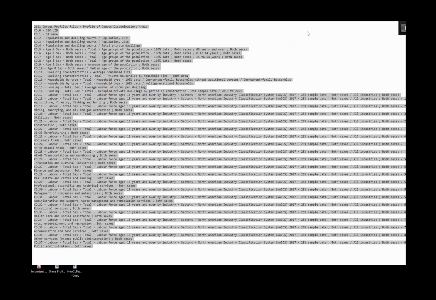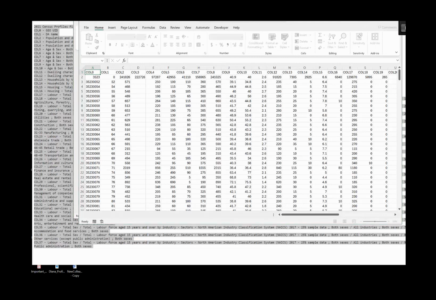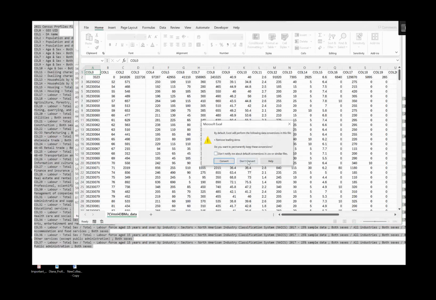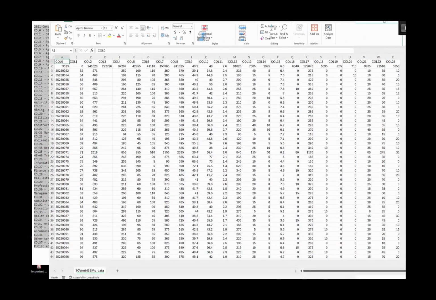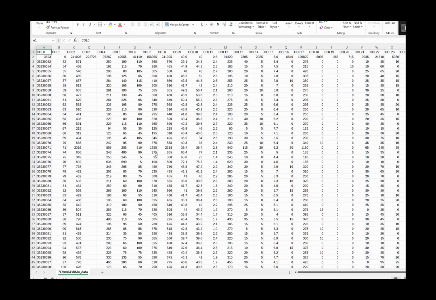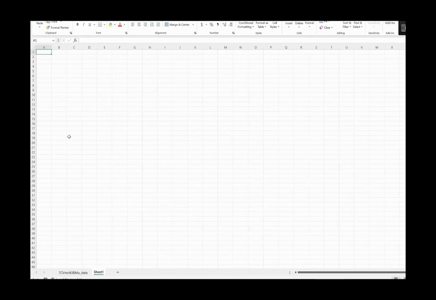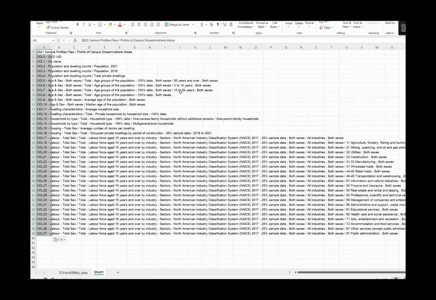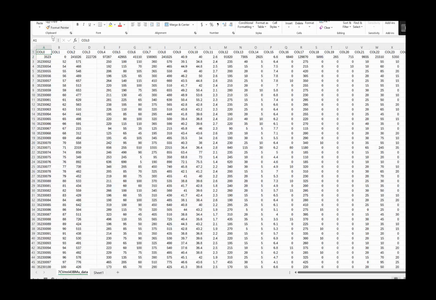So again, you can take a look at it. So this is the data file that I have downloaded. Let me add a worksheet and copy and paste the header file here. So if you read, your column 1 is the DAUID.